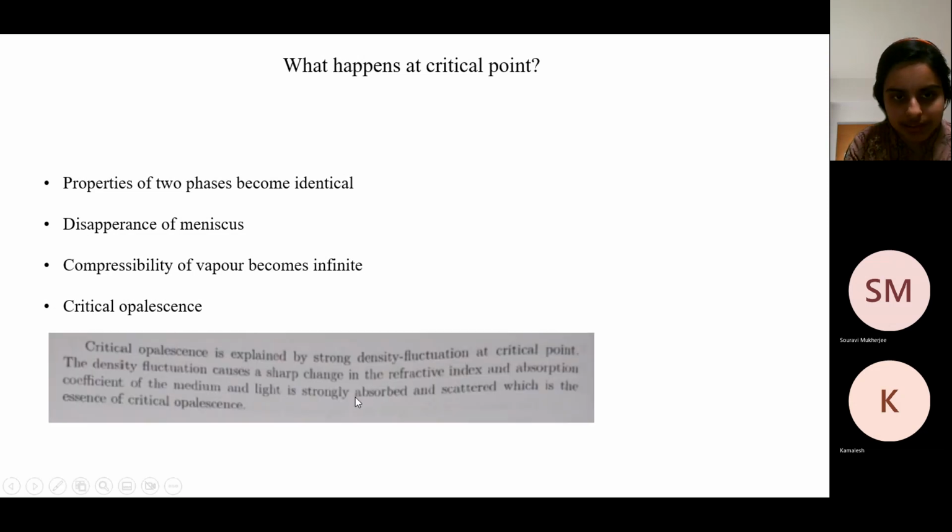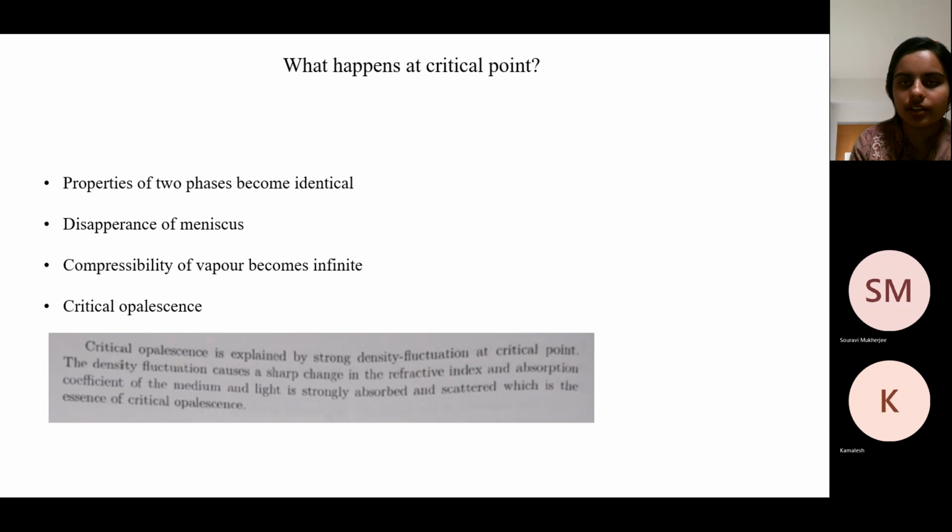So the critical opalescence is explained by the strong density fluctuations at the critical point. Okay. And because of the sharp change in the refractive index and the absorption coefficient of the medium, light is strongly absorbed and scattered, and that results in the system being seen as opaque.